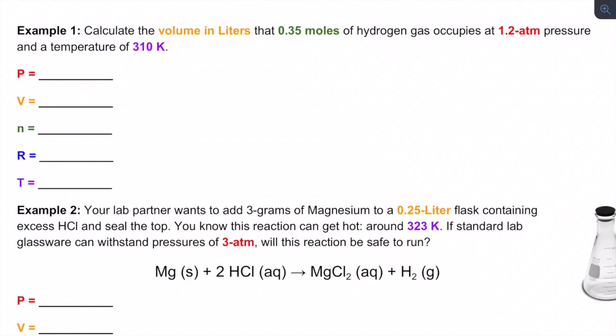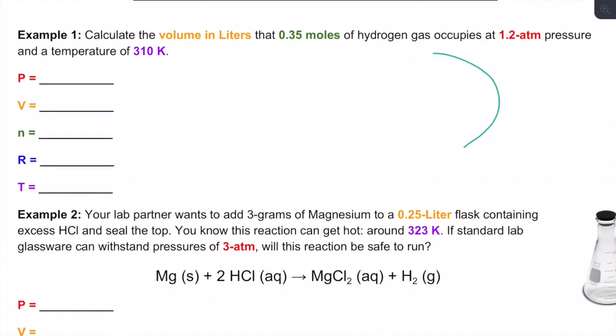Example 1 states, calculate the volume in liters that 0.35 moles of hydrogen gas occupies at 1.2 atm pressure and a temperature of 310 Kelvin. Let's say that this gas is contained in a balloon.